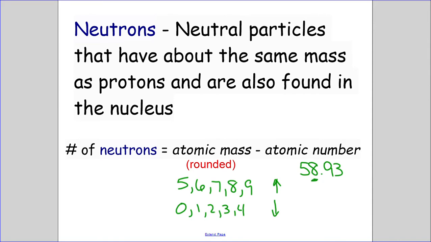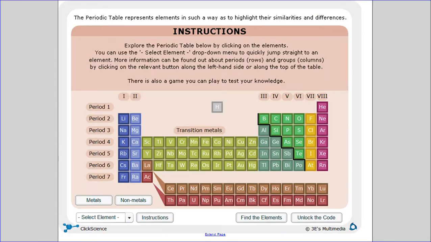To do that, we look at the tenths place and decide whether this 8 should go up to a 9 or stay as an 8. It's a 9, and when we have a 5, 6, 7, 8, or 9, our numbers round up, which makes this into 59. Using those rounding techniques will help us calculate the number of neutrons in an atom.